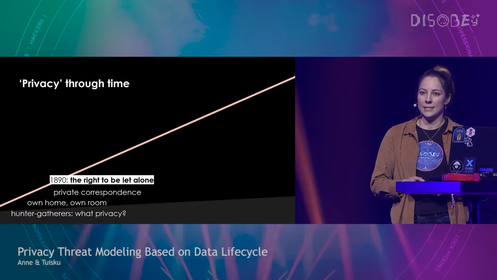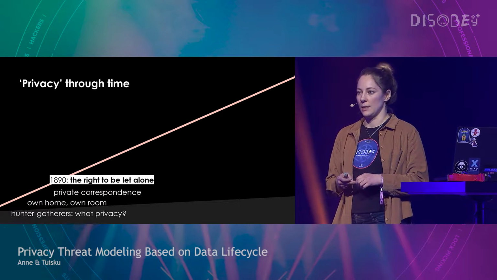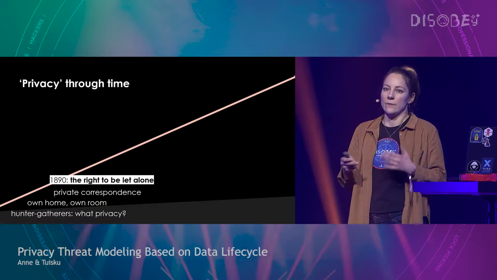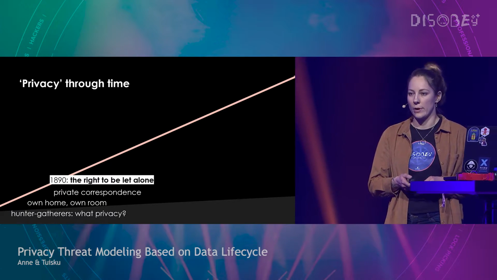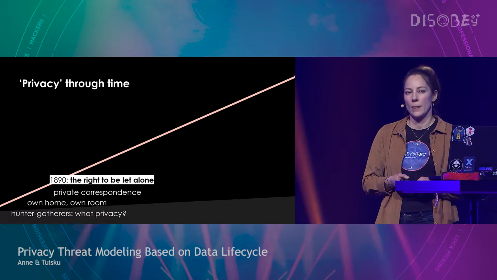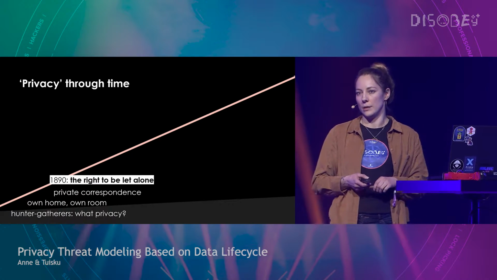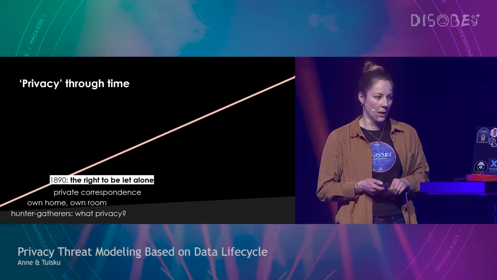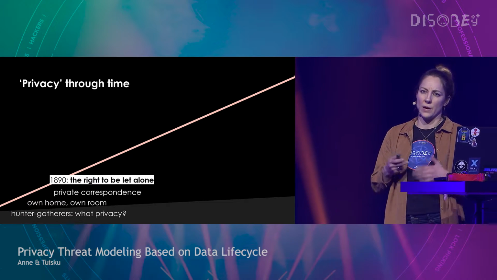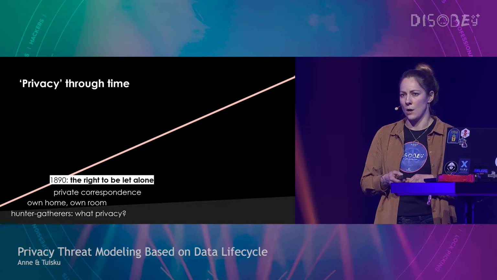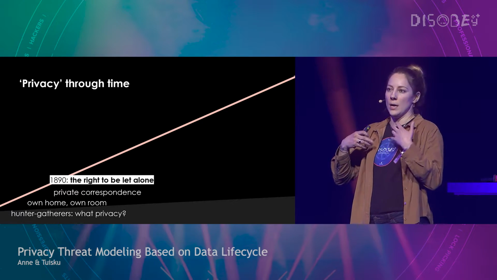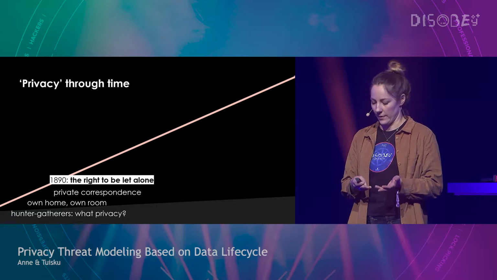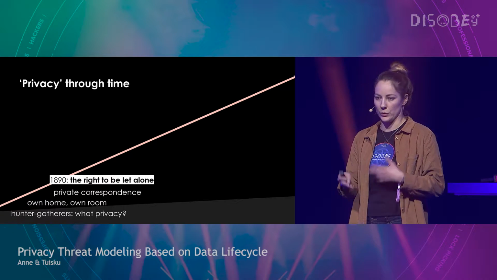In 1890, that's when the first proper definition came up. Warren and Brandeis wrote a law article in Harvard Law Review. And they defined privacy as the right to be let alone. And Mikko Hyppönen talked about how technological changes have brought all these challenges.